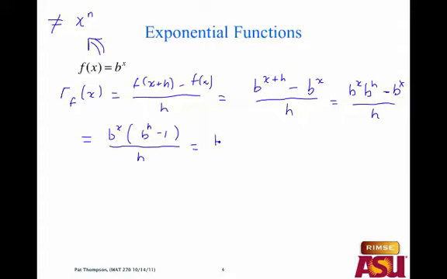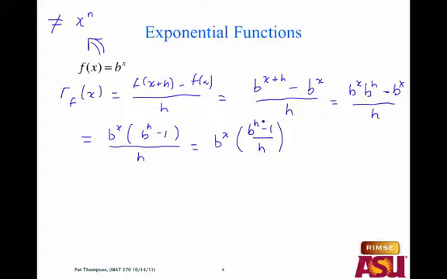So I'm going to rewrite that as b to the x times that. And if we wanted the exact rate of change, what are we thinking about? Making h very small, virtually 0, or the limit as h approaches 0.